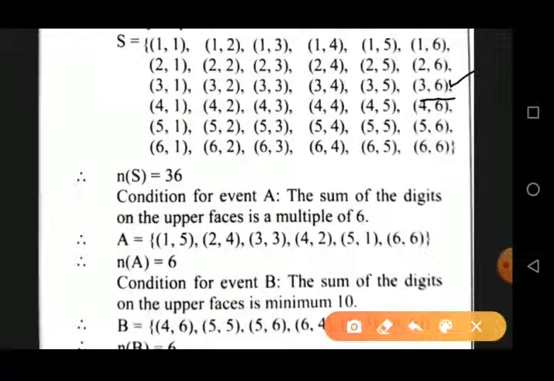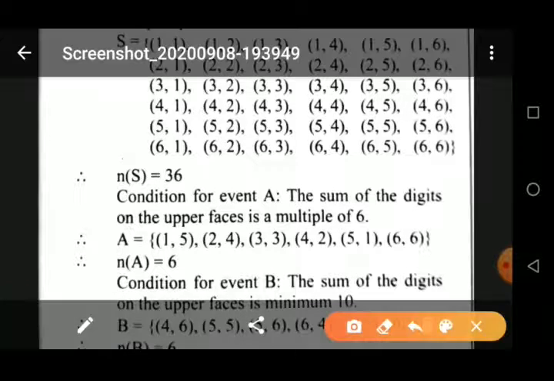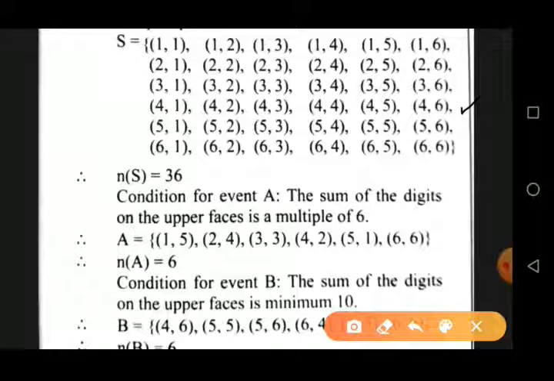Now see the next line of (4,1), (4,2). The last sample point of the fourth line, that is (4,6). Yes, this comes in this event. This (4,6), the sum is 10 and it is applicable for this event. Now the next line, this (5,4) is not applicable.